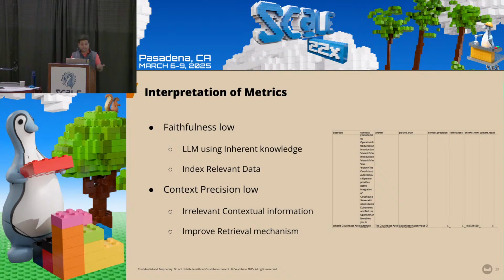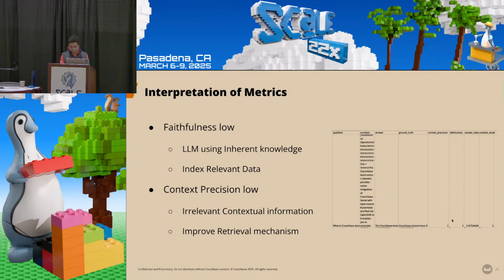This could mean that you might have to index relevant data, or maybe you need to create that data in the first place. And you could also have the other case, context precision low, which means that you have a lot of irrelevant contextual information. This could mean that you might have to improve your retrieval mechanism, maybe add some filters to the documents that you are fetching.